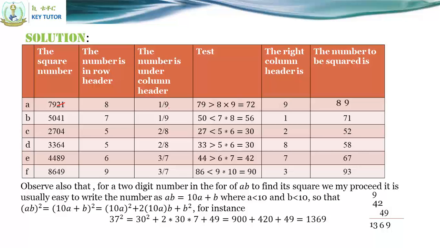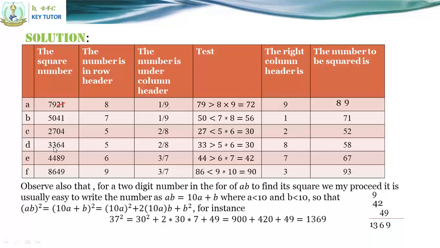So 5 times 6 is equal to 30. When it is compared to 27, 27 is less than 30. Hence, you take the lesser number, which is 2. Thus, the number to be squared is 52.